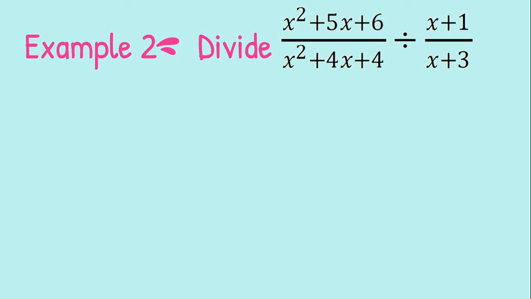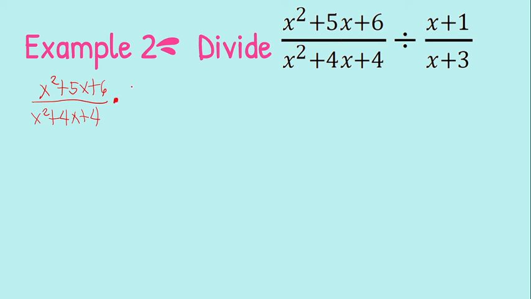So this is example number 3. Divide x squared plus 5x plus 6 over x squared plus 4x plus 4 divided by x plus 1 over x plus 3. Copy x squared plus 5x plus 6 over x squared plus 4x plus 4. This is the dividend and this is the divisor. Division sign changes to multiplication sign.